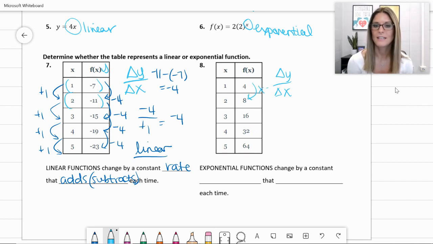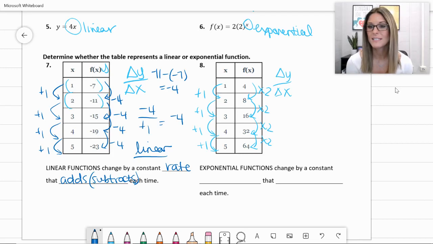Do you see that? 4 times 2 is 8. 8 times 2 is 16. 16 times 2 is 32, and 32 times 2 is 64, while our x values are still adding 1 each time. So since this table is multiplying each time, we are going to have an exponential function here. This table represents an exponential function.